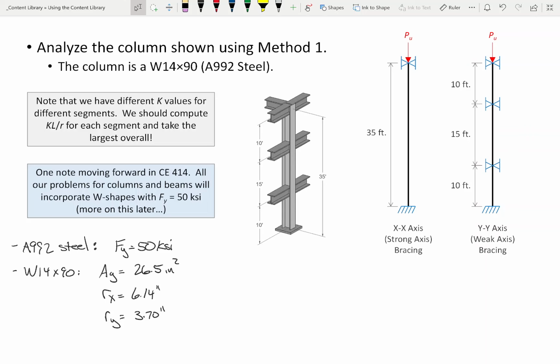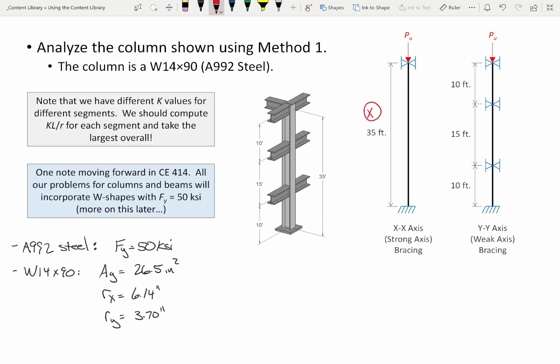Now, before I scroll down a little bit, I want to take a look at this column bracing scenario, because we need to start having some common way of referencing these. So I'm going to look at each segment independently. For example, for the x-axis, I only have one segment, so I'm going to call that segment x. The length of that segment we'll say is 35 feet long.